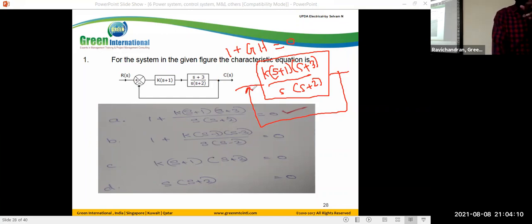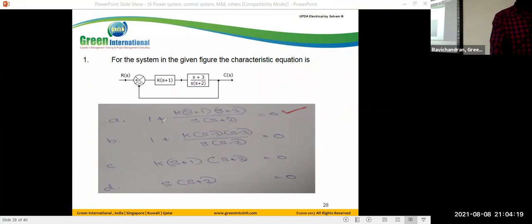Here H is equal to 1 because there is no feedback mentioned, so H is equal to 1. So 1 plus you multiply these two numbers, which is equal to 0. In your exam they may give one value here. It is not tough. You need to substitute the value and by simple multiplication we get the value.